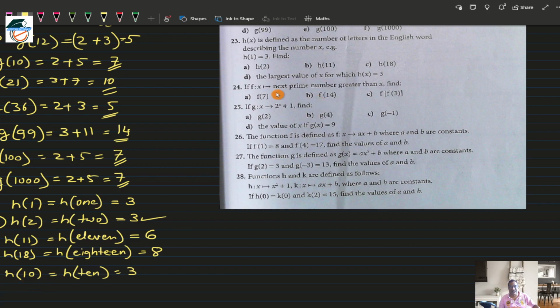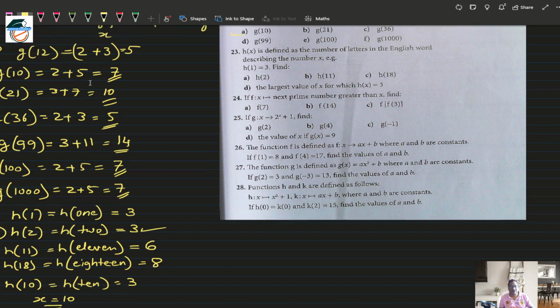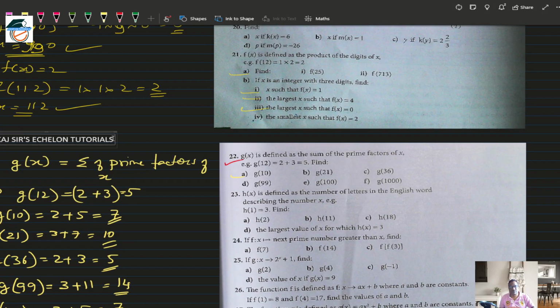So the answer for this x should be 10. Is that correct? Okay, so that was question number 23, which we have completed. So let us move on to question number 24.